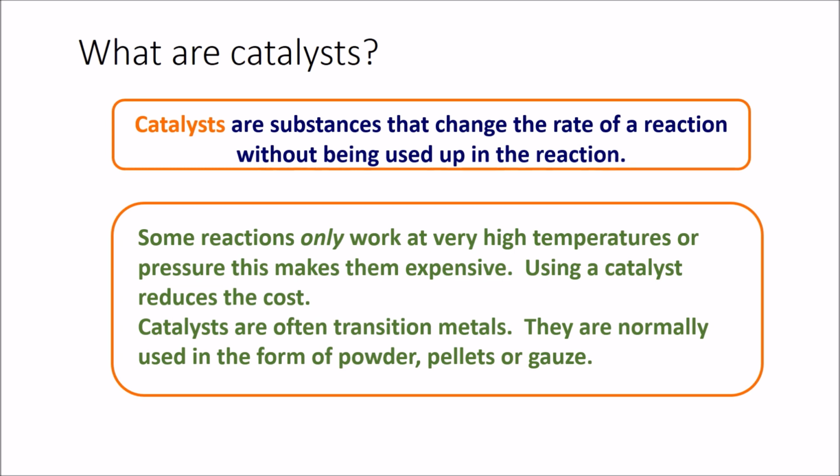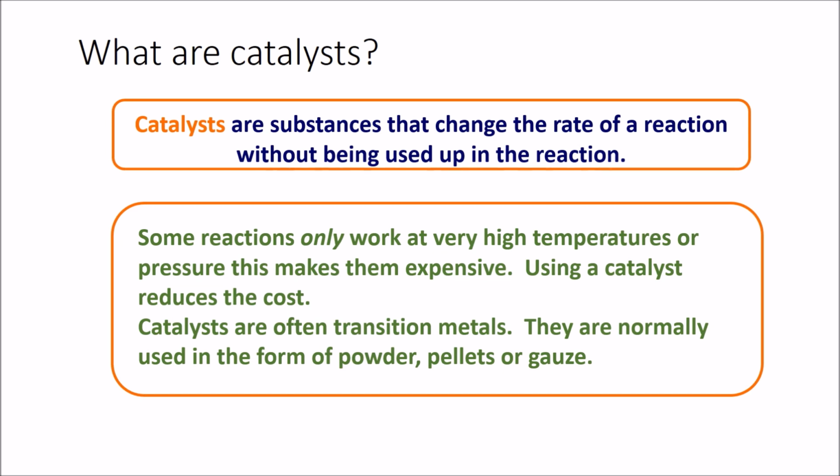Which is what you were looking at with Miss Slade yesterday. And to give very high temperatures and very high pressures, you have to buy specialist equipment. Obviously, you use a lot of fuel, so it becomes very, very expensive. So if we can use a catalyst, we can speed up the reaction, but not actually having to go to those high temperatures or high pressures.